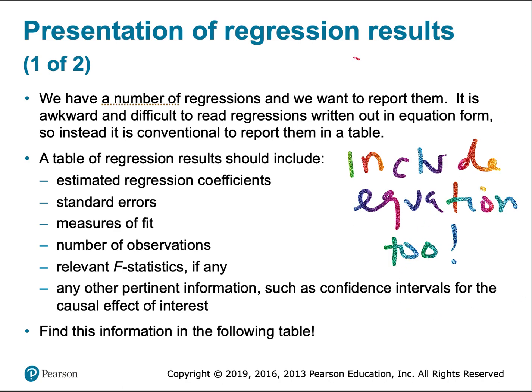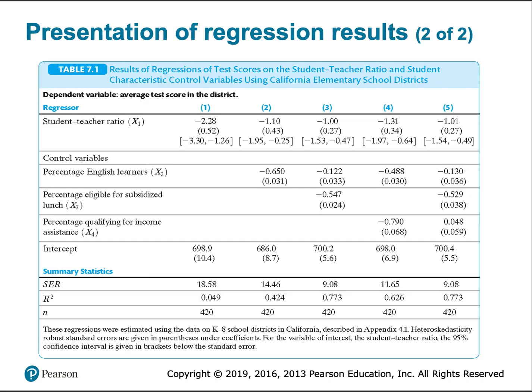Other pertinent information includes variable names. I've seen tables that don't include variable names, that are difficult to interpret. So this should be an easy to follow, clean table.